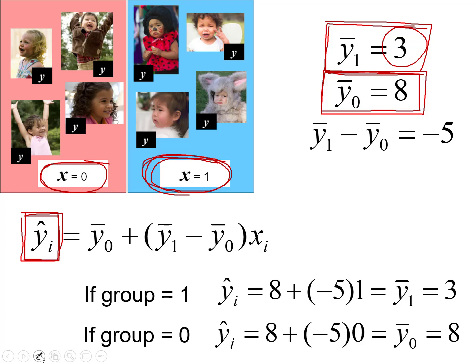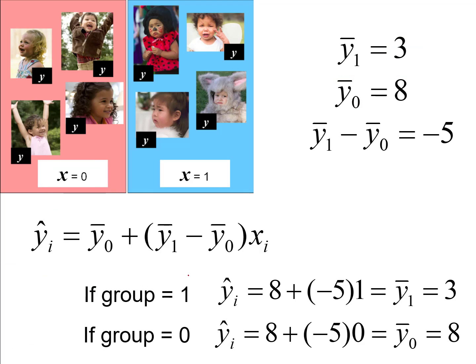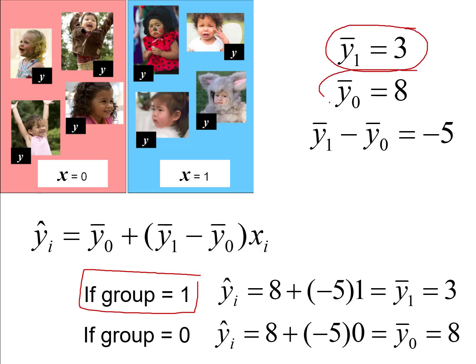Let's see how this equation works. So if you're in group 1, in our example here, the mean for group 1 is a 3, and the mean for group 0 is an 8, and the difference between those two means is a -5. So if we plug this equation in for anyone in group 1, your score on x is going to be a 1.